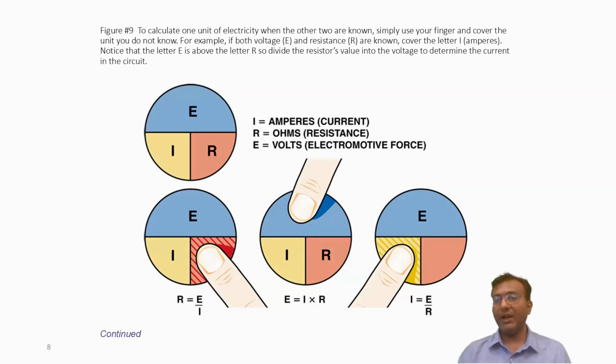If we know the other 2 values, we can get the third unknown value. The formula for current is equal to voltage divided by resistance. Formula for resistance is equal to voltage divided by current, and the formula for voltage is current multiplied by resistance.